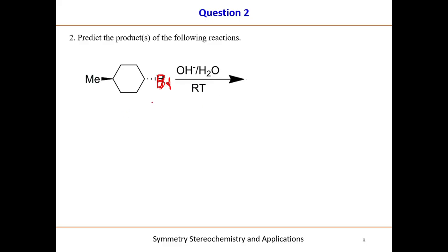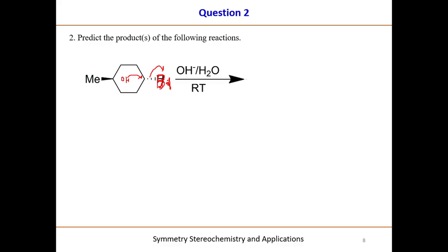Now, what will happen in the presence of a strong nucleophile? The bond making and bond breaking will occur simultaneously. That means here it will go like this, and OH will attack on the other side. OH will attack from one side and bromine will leave from the other side.